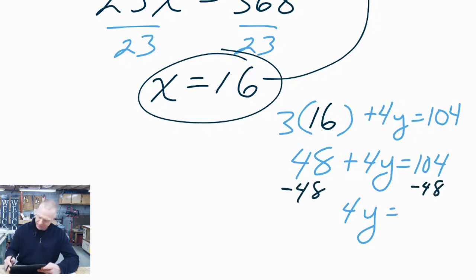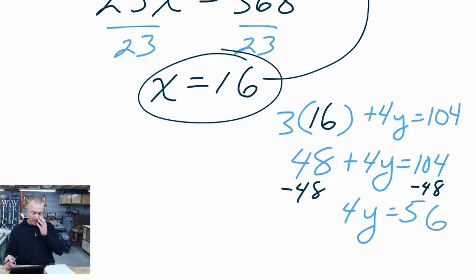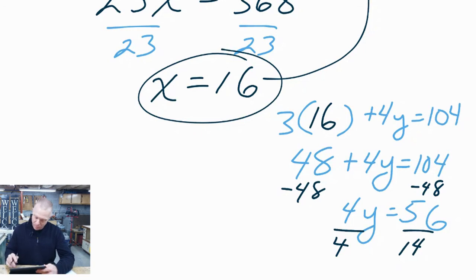We end up with 56. And then when you divide 56 by 4, it works out nicely to be 14. Okay, so y equals 14.